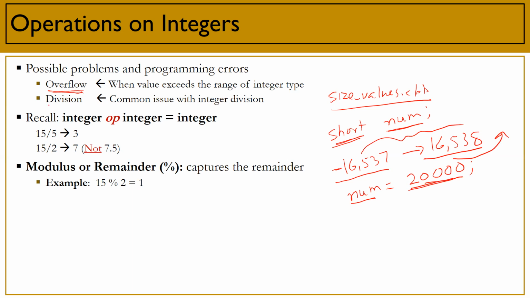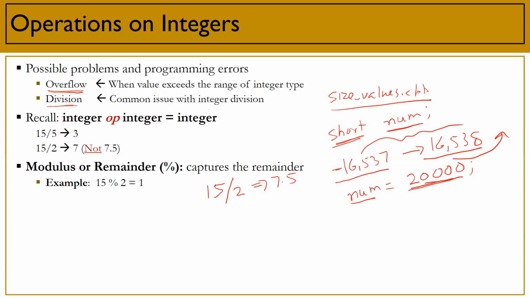The second thing is the division problem. One problem that happens with division, if you are coming from a non-programming background, is this. Let's say in programming you are doing 15 divided by 2. From your math knowledge, you will think that this should give you 7.5.